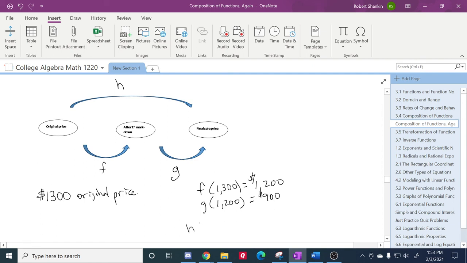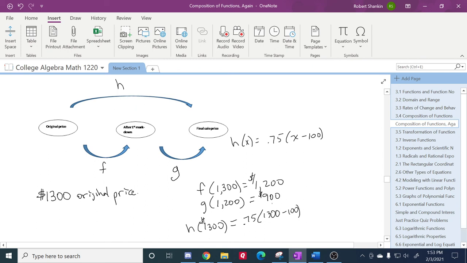Meanwhile, H of 1,300. Remember the H function, H of x. I like having the 0.75 out front because it looks a little nicer. It has the two markdowns. It's subtract 100 and then times 0.75. So it's 0.75 times 1,300 minus 100.